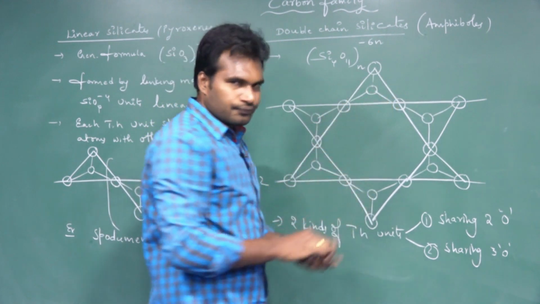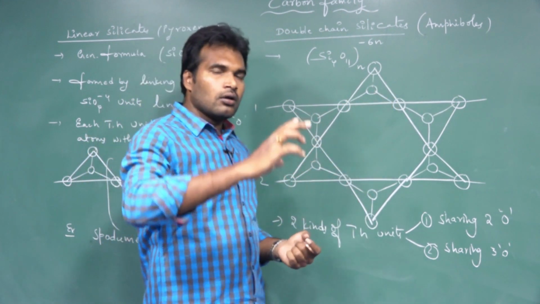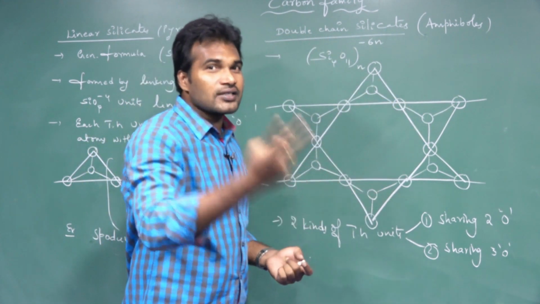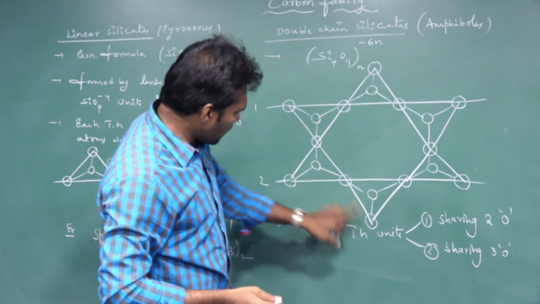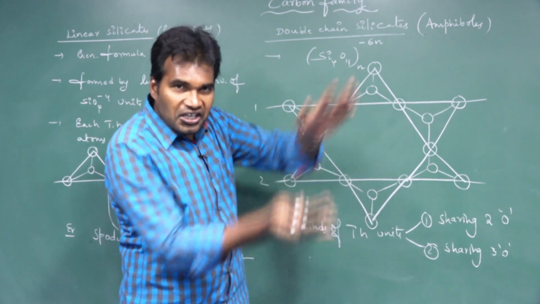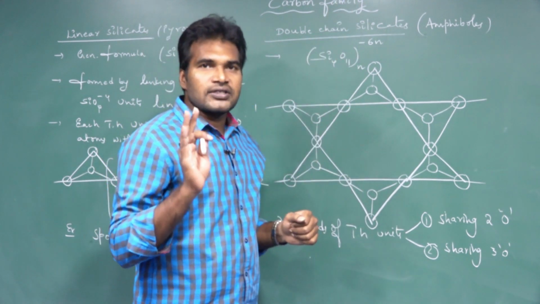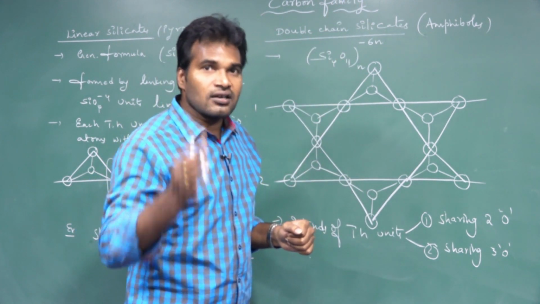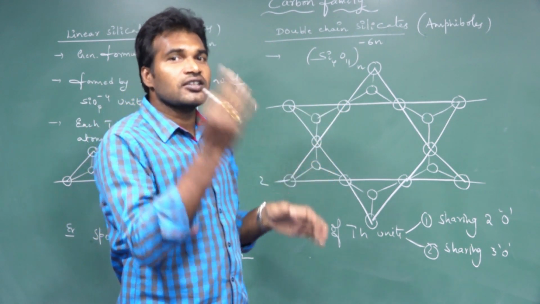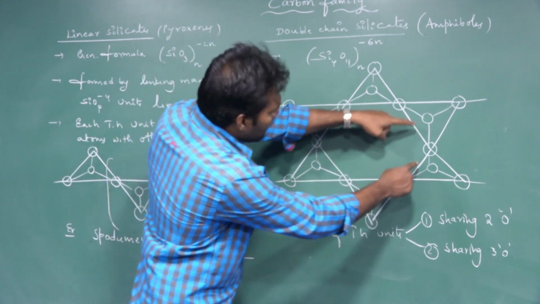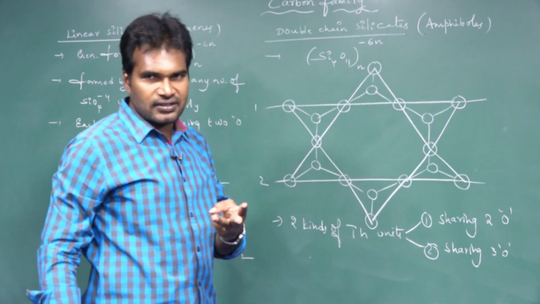So all terminal tetrahedral units are sharing 2 oxygens. You take this one, sharing 2. This one also sharing 2. So all terminal, external tetrahedral units are sharing 2 oxygens. Internal tetrahedral units are sharing 3 oxygens. All these internal tetrahedral units have 3 vertices shared.